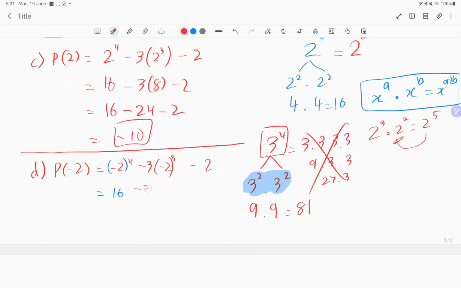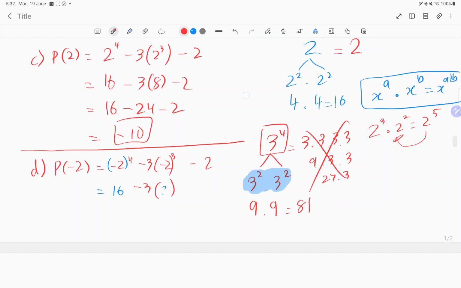And then minus 3. Now, Amani, not Daniel. Amani, what's the answer to this one? What's negative 2 power 3? Times by what? What goes in these brackets here? You have to figure it out.